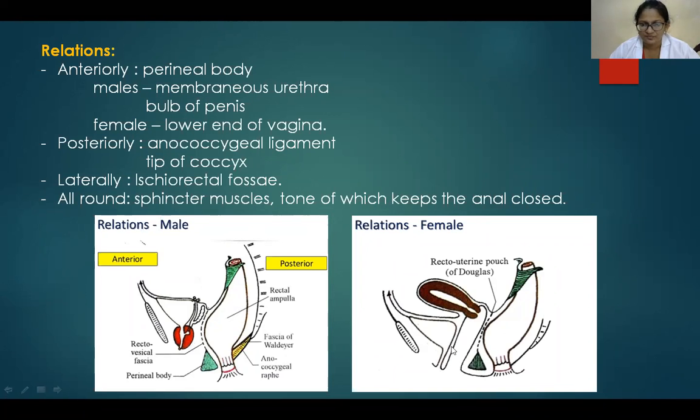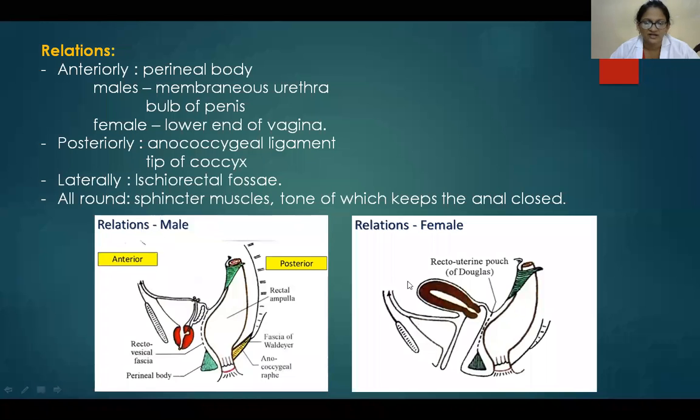Posteriorly, it is related to the anococcygeal raphe or anococcygeal ligament and the tip of the coccyx.